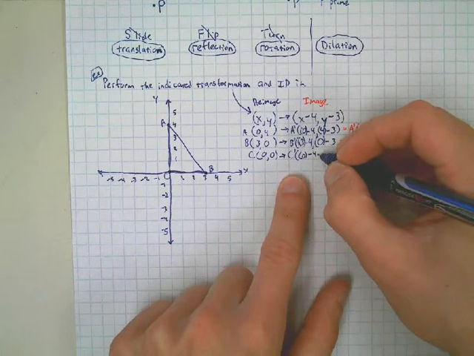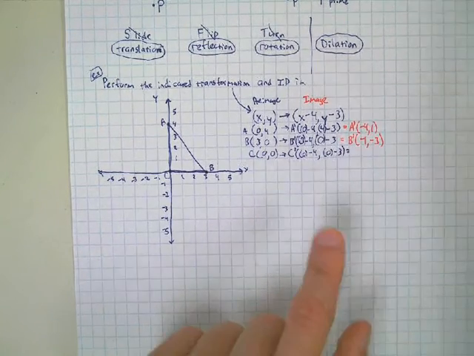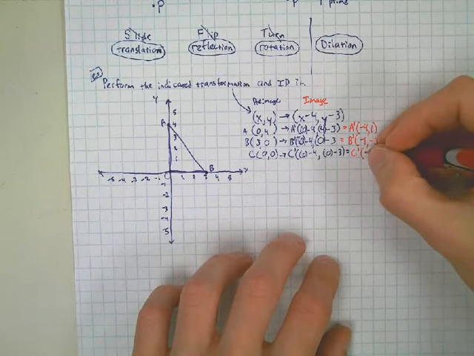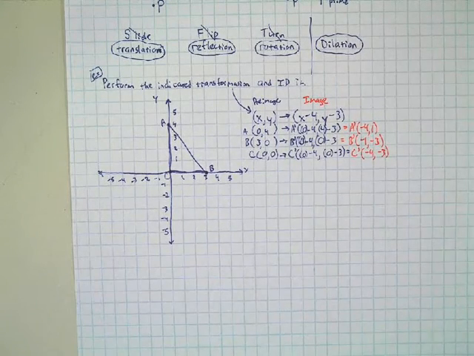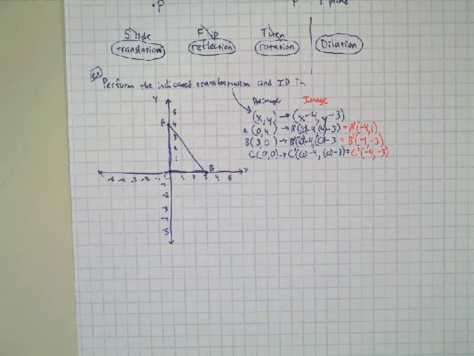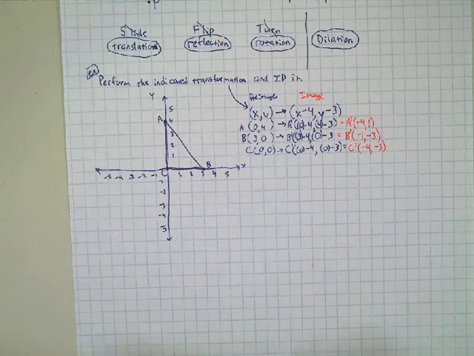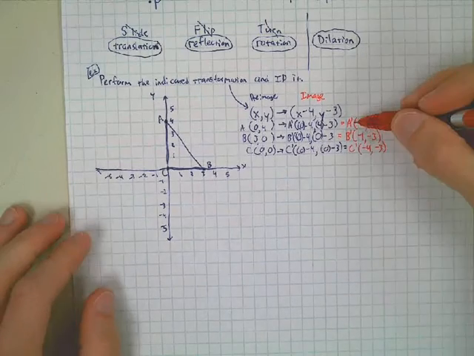And lastly, C. Well, C prime will then be 0 minus 4 and 0 take away 3. Okay, and so that will be then C prime, which is -4, comma, -3. Yeah, it's a lot, but it's also pretty simple arithmetic.